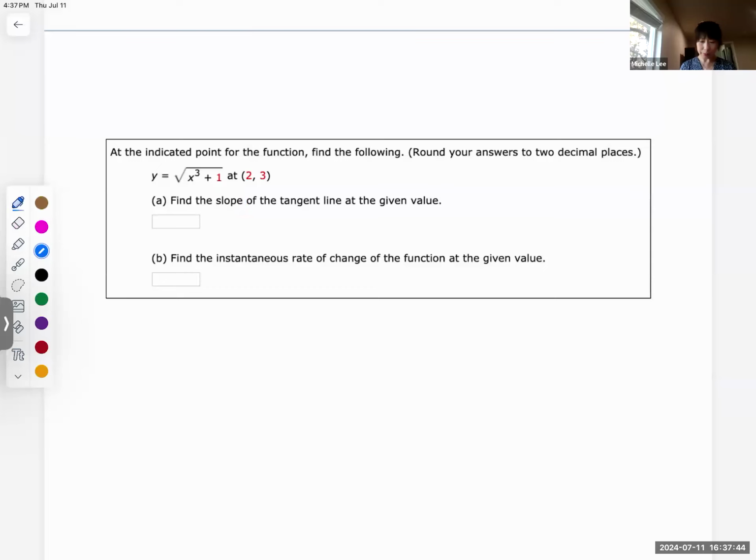Okay, all right. So find the derivative means find the derivative. Okay, so we want the derivative.